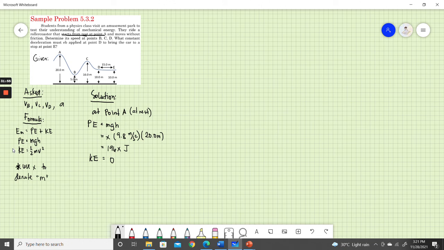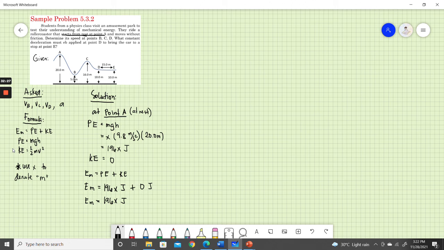So in the end, the total mechanical energy at point A is PE plus KE. So EM is equal to 196x J plus 0 J, so EM is equal to 196x joules.